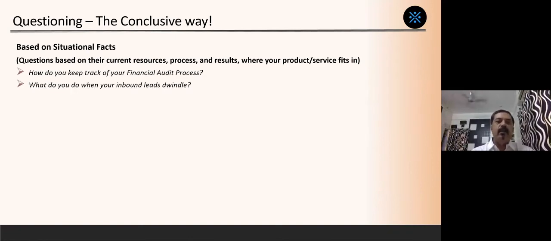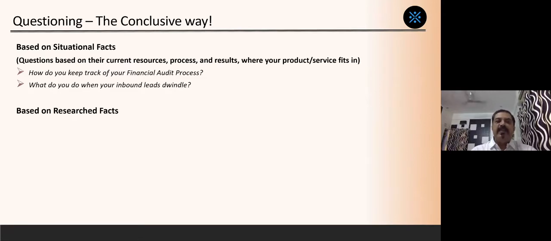Another example, what do you do when your inbound leads dwindle, right? When your inbound leads reduce, what do you do, right? So these are all independent processes or certain areas within a particular function. And you know for a fact that these functions need your solution. And these functions might also have certain implications of ups and downs, right?